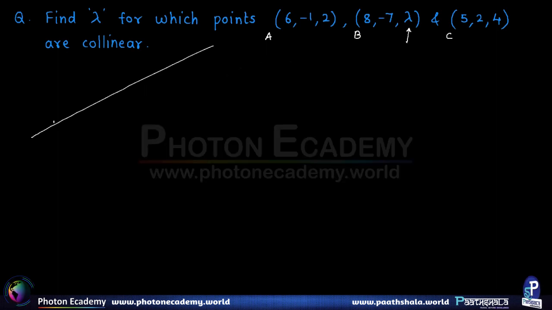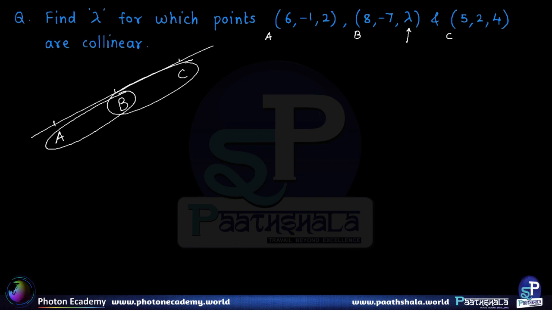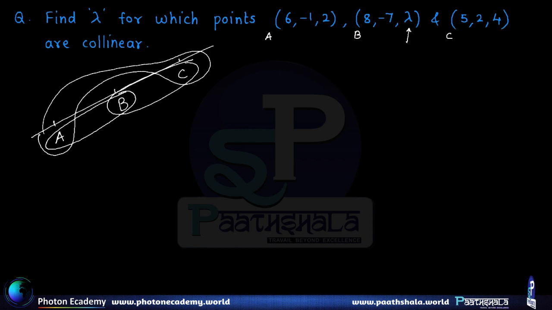If we want the 3 points A, B and C to be collinear, then what it means is the direction ratios considering 2 points A and B must be same as direction ratios by considering the 2 points B and C, and that in turn must also be same as direction ratios considering the points A and C. So basically out of these 3 pairs we can pick up any 2 and equate and compare their direction ratios and say that they must be in the same proportion.